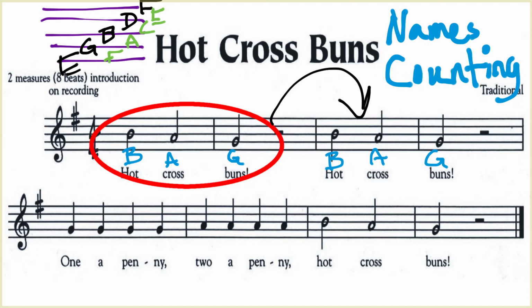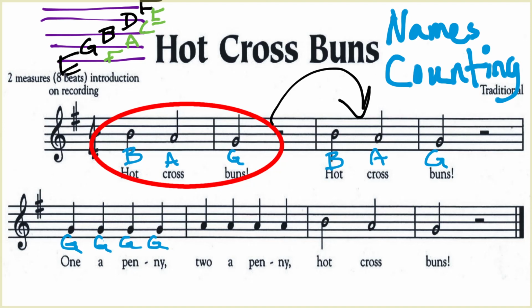And then we're going to move our eyes down to the second line and fill that in. It looks like we got G all the way through, so for now we're just going to write G in there.